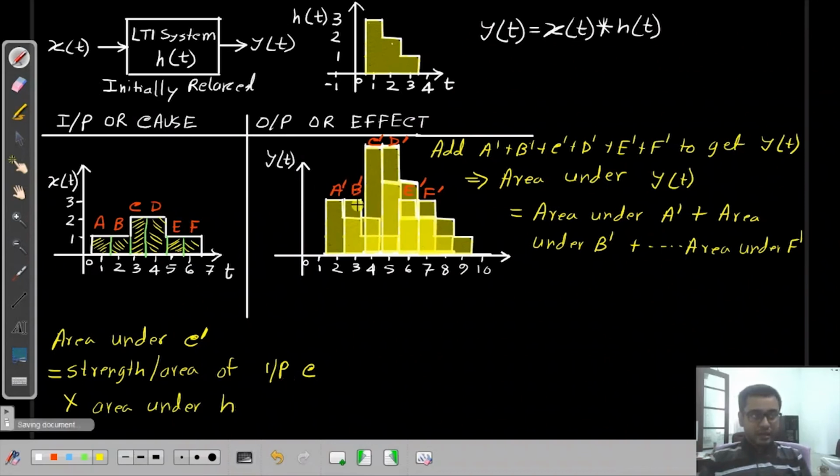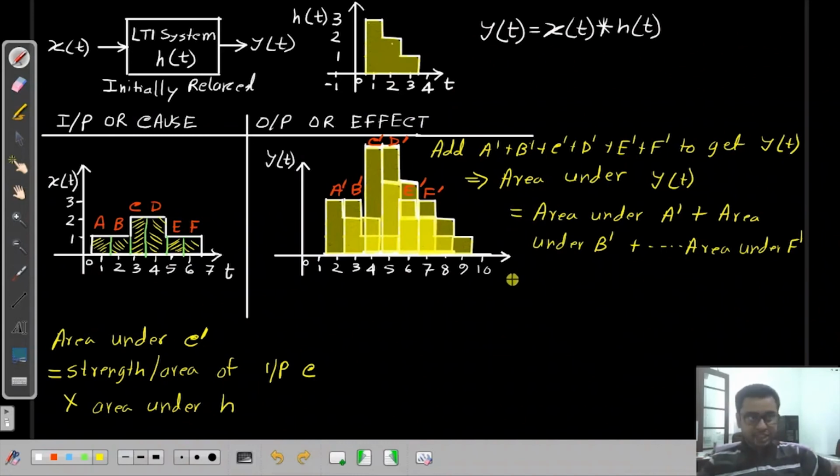Similarly, the area under B prime will be the strength or area of B multiplied by the area of h. So in this sum, the area of h is common.